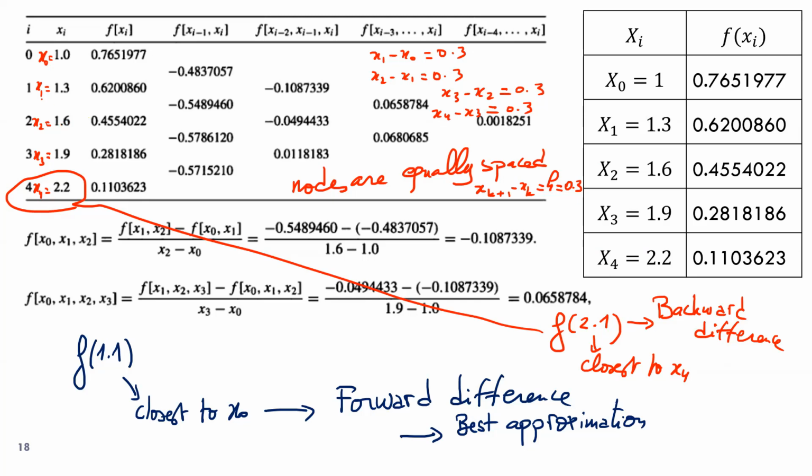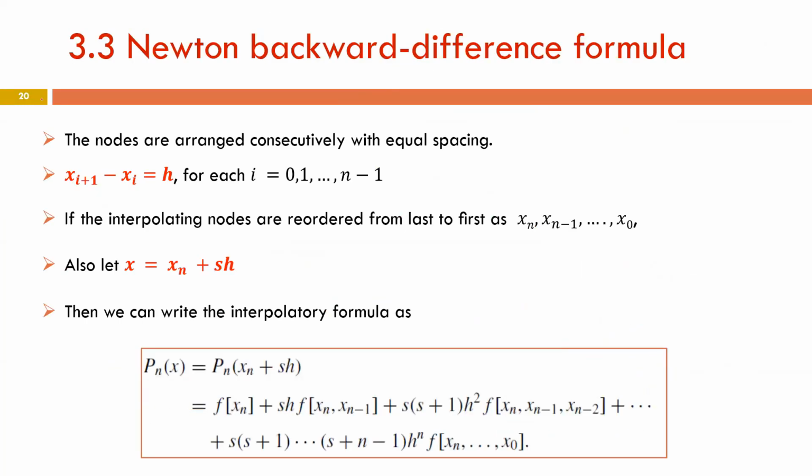This is the idea. So, for the backward difference, if I want f2.1 and the points are still equally spaced, we'll focus on xn. We'll use this representation.